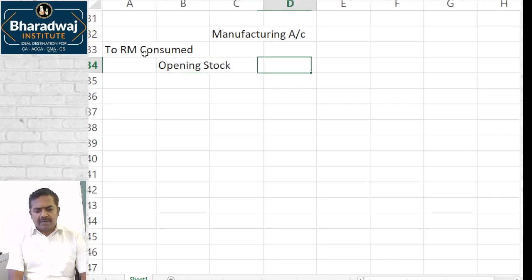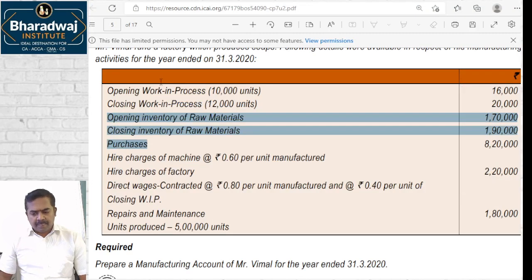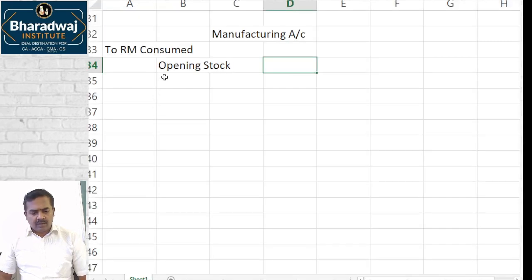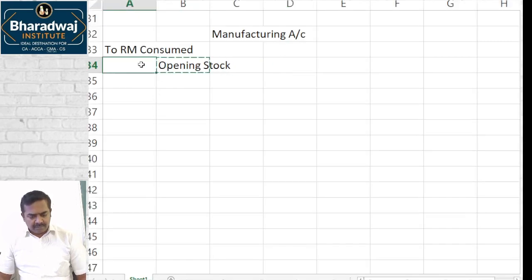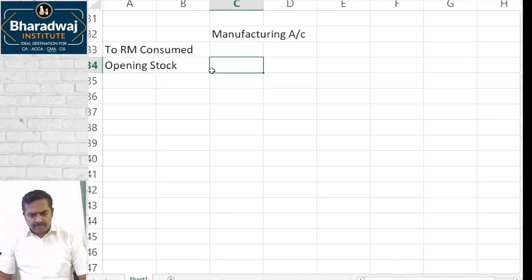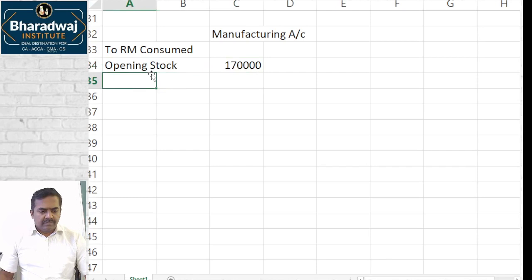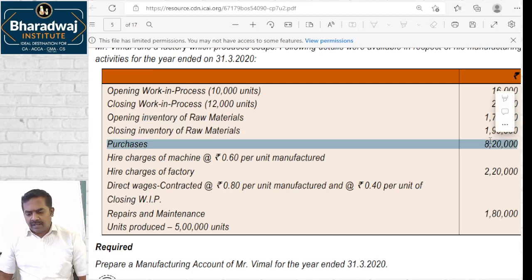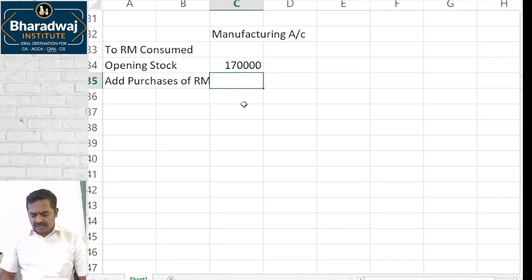Opening stock of raw material. What is the opening stock of raw material? 1,70,000. Add purchases of raw material, 8,20,000. Purchase of raw material 8,20,000 is given.